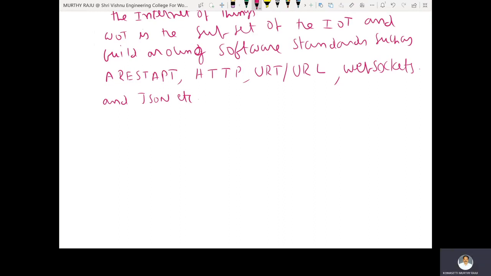These are very useful to implement web applications.